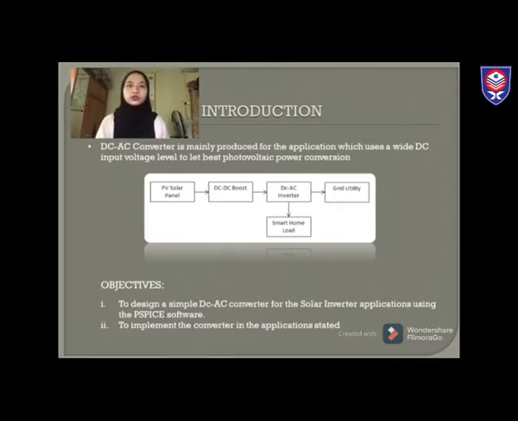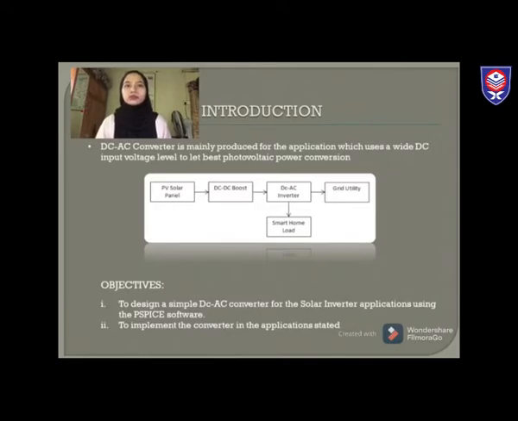Okay, according to figure 1, a step-up DC chopper is used to boost the input. Okay, DC chopper is the same as the DC boost. It's used to boost the input voltage at the power circuit of the DC AC converter.